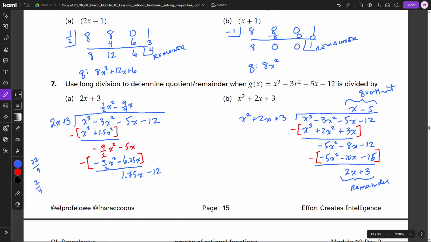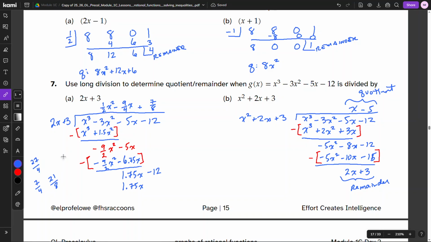So this would be plus 7/8. And 7/8, that'd be 21 over 8. And so this is going to be 1.75x, right? 21 over 8 is going to be 2 with the remainder of 3.